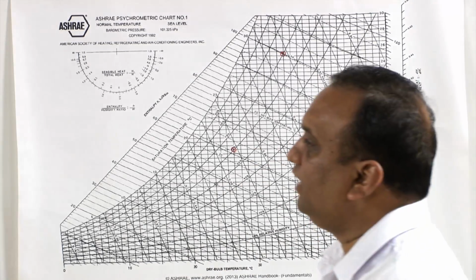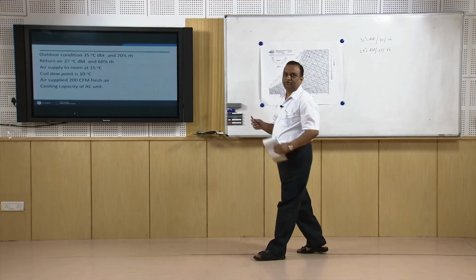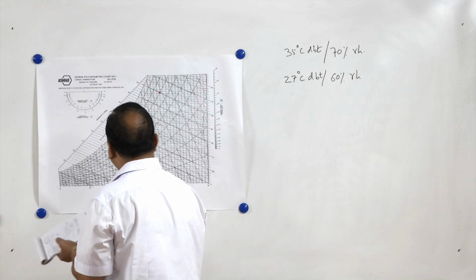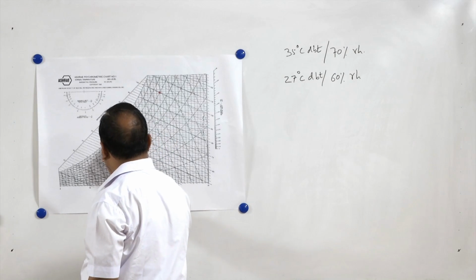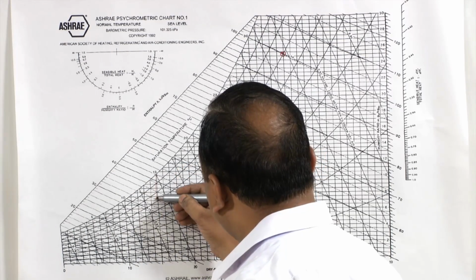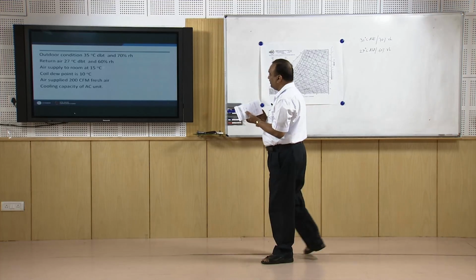It is further stated that air supply to the room is 15 degrees centigrade. It means the temperature at which the air is supplied to the room is 15. So 15 degrees can be located somewhere on this vertical line. Coil dew temperature is 10 degrees.